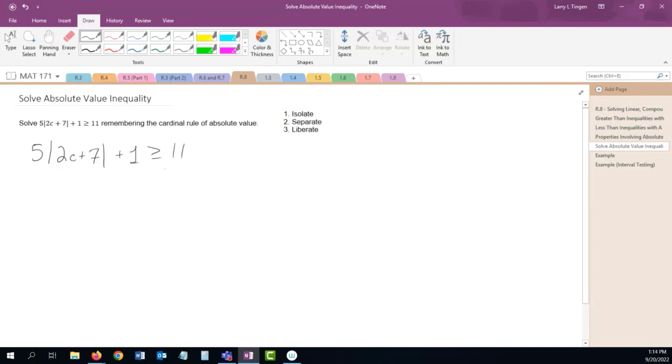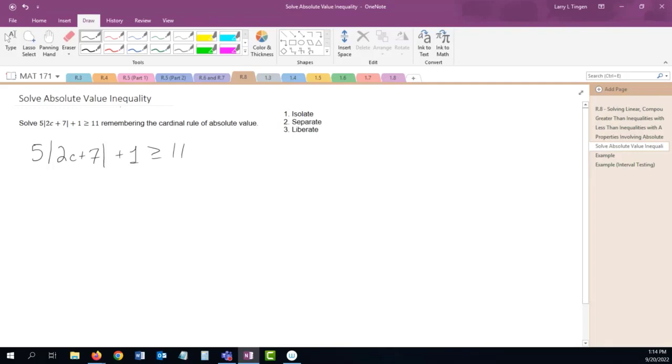It's an inequality because there's not an equal sign, there's a greater than or equal to. Solving means I need to get c by itself. C is currently inside an absolute value. The only way to get c out is to isolate the absolute value, because that's the only way I'm allowed to take the bars off. I can't multiply or divide both sides, I can't do anything to what's inside those bars until I have just the absolute value compared to something on the other side.